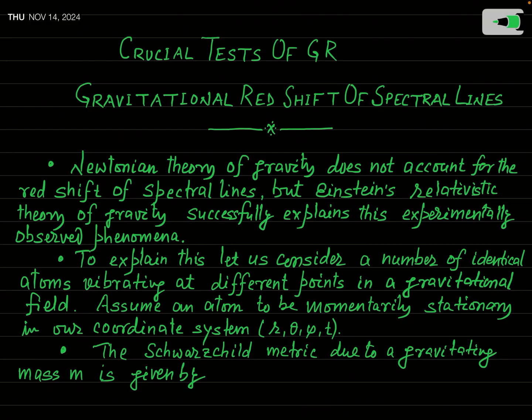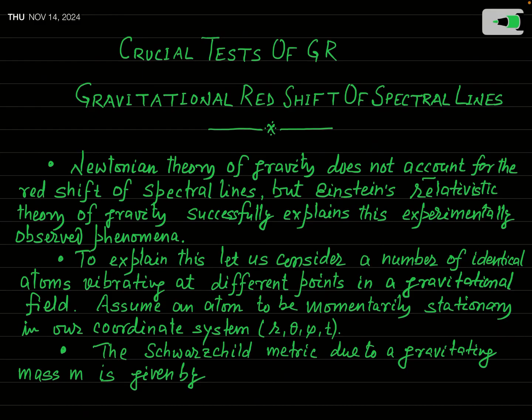The final experimental test, which we will learn today, is regarding the gravitational redshift of spectral lines. Again, the Newtonian theory is not successful in explaining this phenomenon. In other words, Newtonian theory of gravity does not account for any redshift of spectral lines.